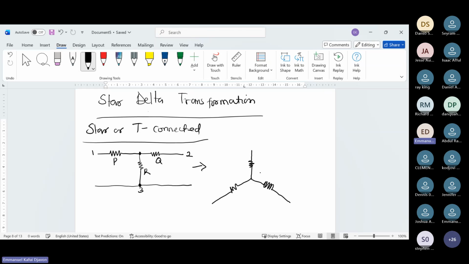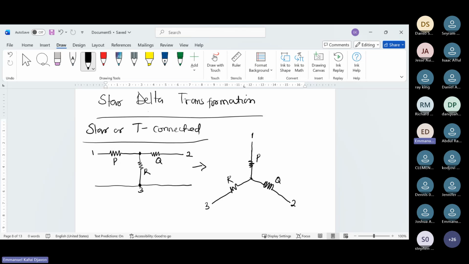We have something like this. So this is 1, this is 2, and this is 3. Now, this is P, this is Q, and this is R.